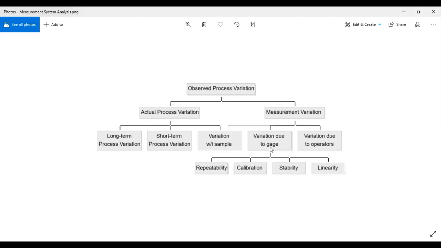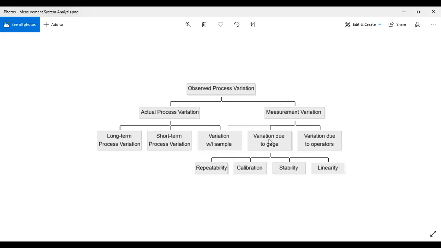One is variation due to the gauge. For example, if you ask an operator to collect data using the same equipment and measure the same part over a period, at least 2 or 3 times, and the readings are different, that is called variation due to gauge.